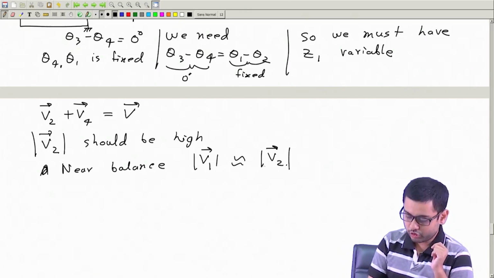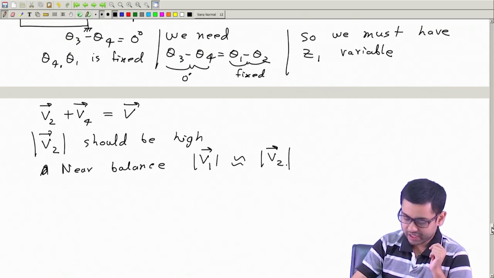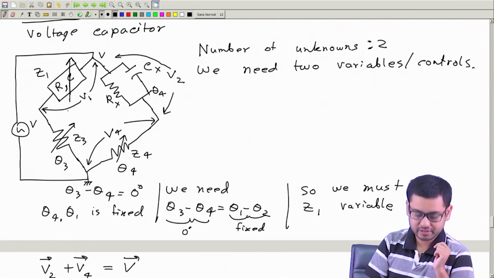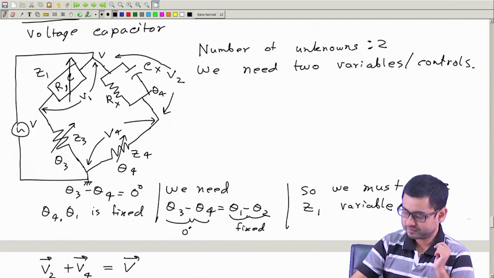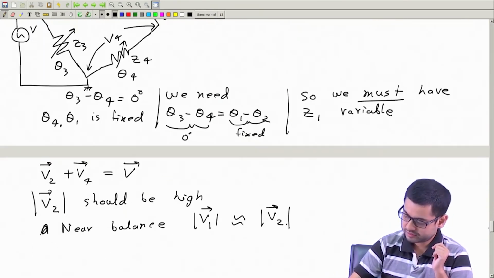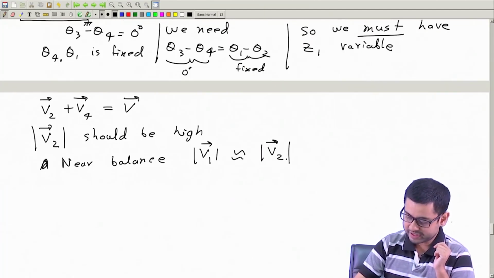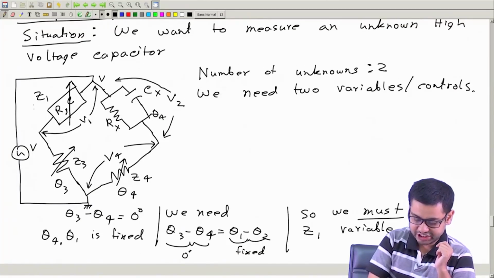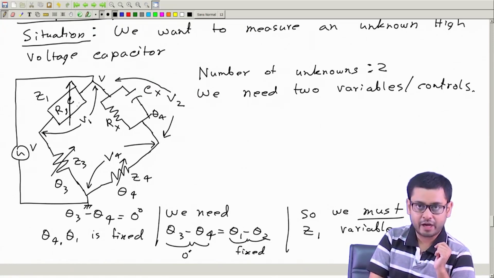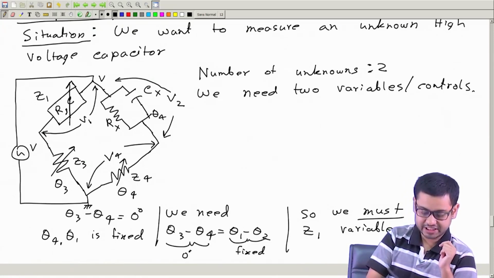So these two voltages will be equal, and Z1 is the variable arm. That means we are adjusting this Z1, and the voltage across Z1 is very high near balance, and some person is manually adjusting it.